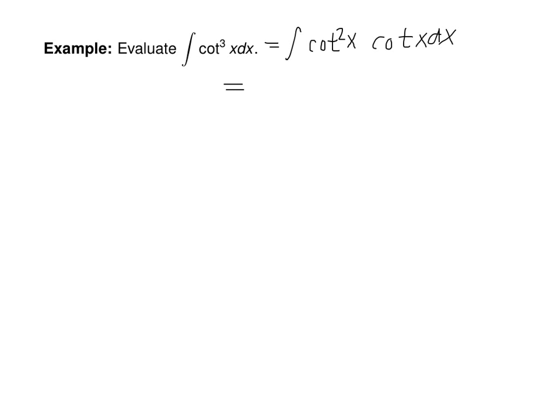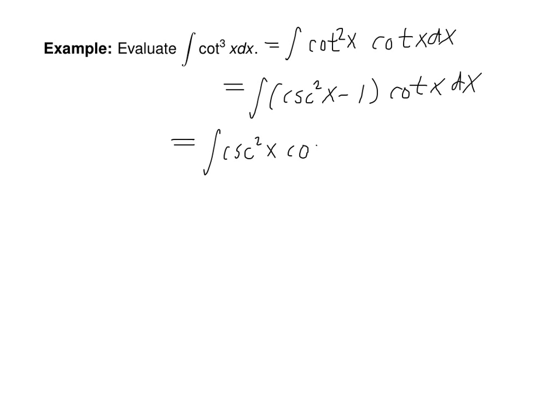And cotangent squared of x is equal to cosecant squared x minus 1, times cotangent of x dx. Now let's distribute that cotangent of x and break this into two integrals. So you have the integral of cosecant squared x times cotangent of x dx minus the integral of cotangent of x dx.